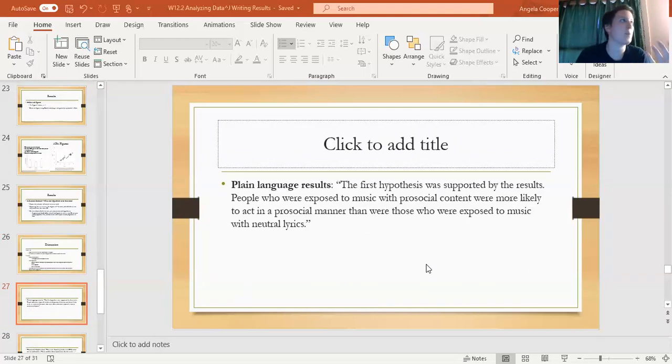Or, for those exposed to a motivational video, our hypothesis was supported. People that were exposed to a motivational video reported higher levels of self-efficacy than people in the control condition. Something simple. Again, just what did you find?